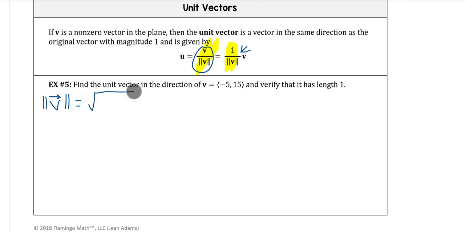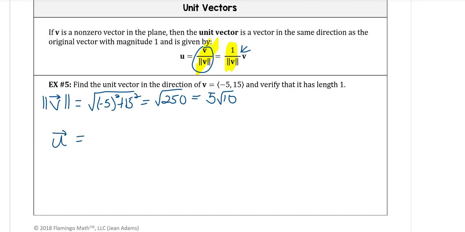So I'm going to take the square root of (-5) squared plus 15 squared. And when I do that, I get the square root of 250, which is 5 times the square root of 10. So now I can find my u.